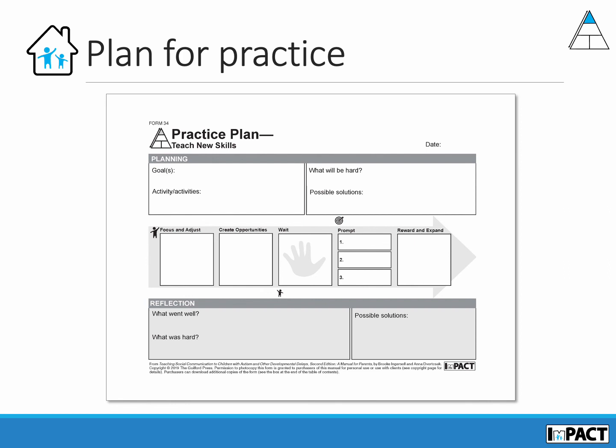You should plan to practice these strategies for 15 to 20 minutes per day during play, as well as during one or two daily activities. Also, think about what may be hard about carrying out your practice plan and brainstorm possible solutions.